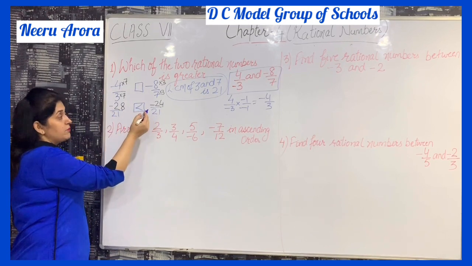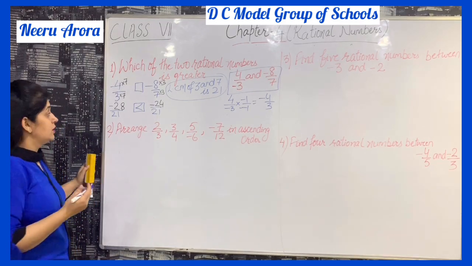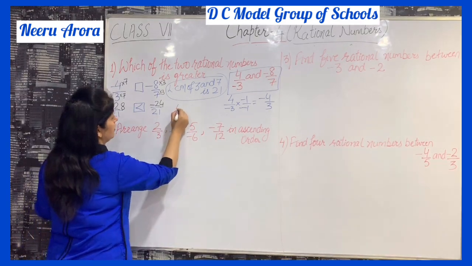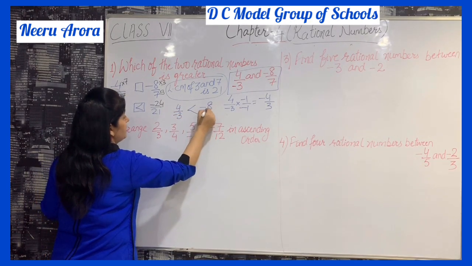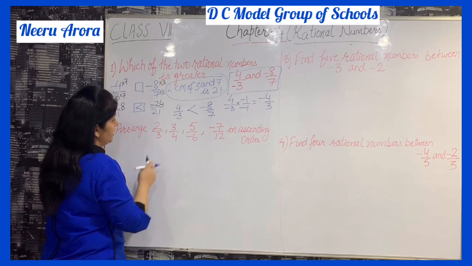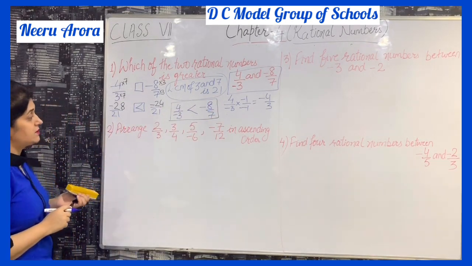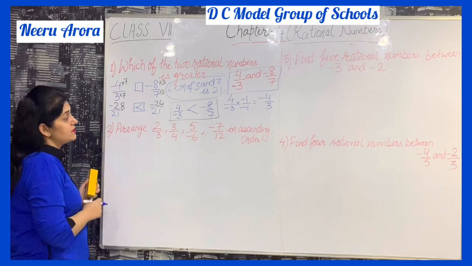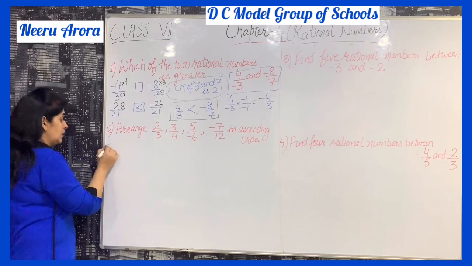The smaller number with a negative sign is always bigger. So we can say 4/-3 is less than -8/7.